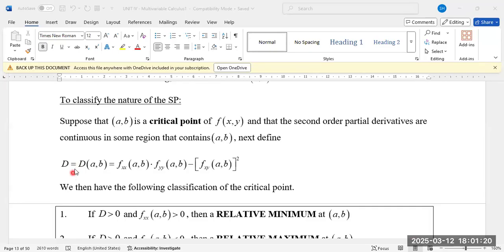When I gave you this formulation, I want all of you to look here. Your D of AB is going to be your f of xx AB. Your AB is your critical point. Your f of xx AB means that you're going to substitute your AB at that critical point.